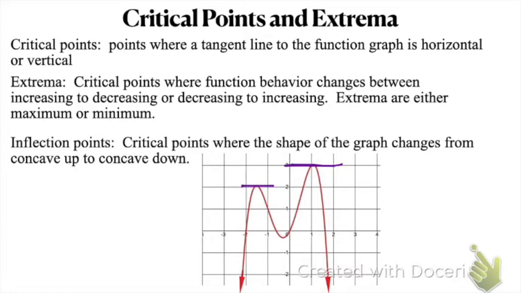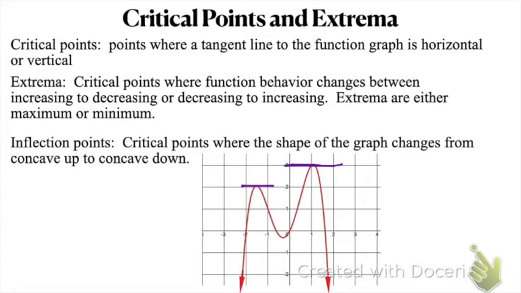Extrema are critical points where the function behavior changes from increasing to decreasing or decreasing to increasing. This is the top of your hills, the bottom of your valleys. And the extrema are either maximums or minimums. We're going to go a little more on that on the next slides. An inflection point is a critical point where the shape of the graph changes. This is where you have your vertical tangent lines.